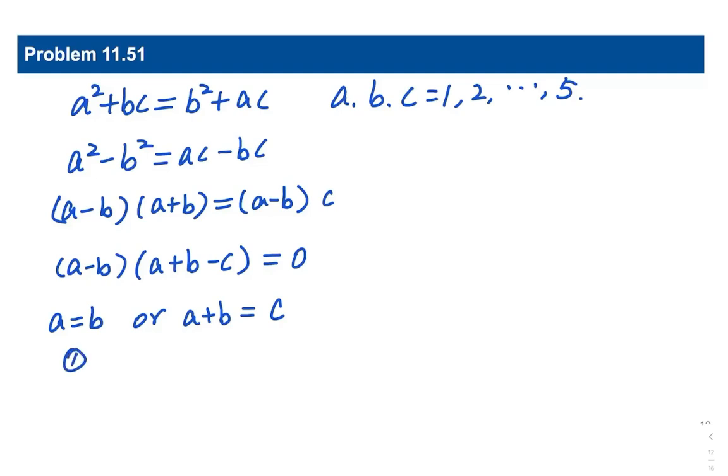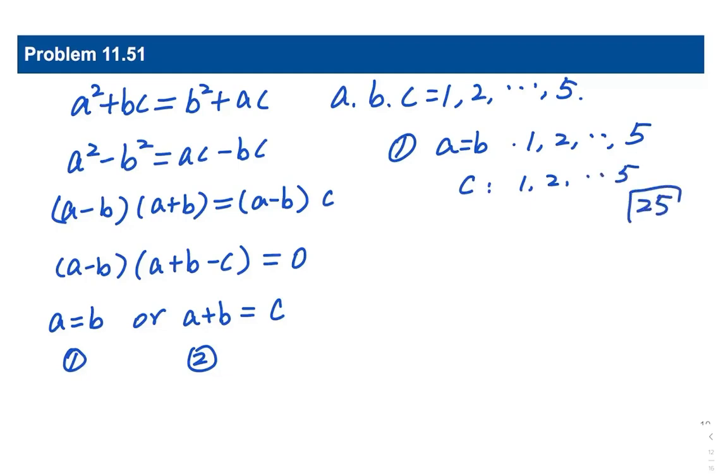Now consider the first case. a equals b, and this number can be 1, 2, up to 5, and c can be anything, 1, 2 to 5. So 25 combinations. Now consider case 2. We do not want to overcount, so we assume a, b are not the same. Then a plus b equals c.